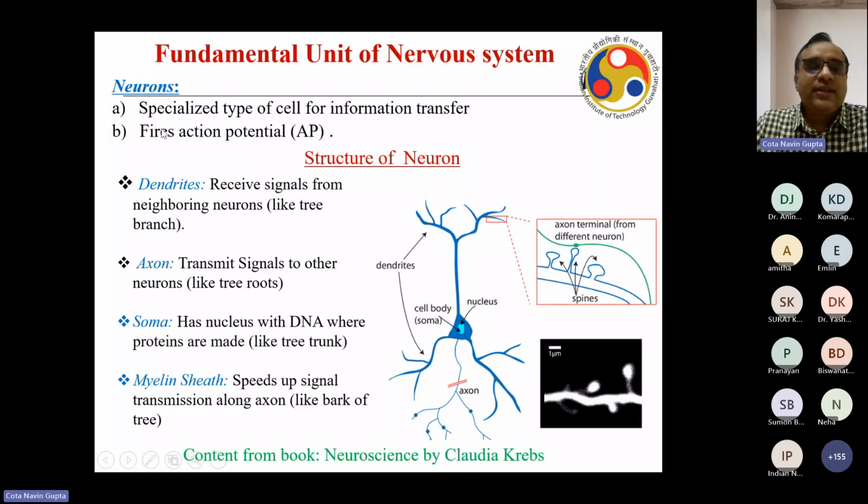Neurons are specialized cells for information transfer, and they are responsible for firing of action potentials. You have your dendrites, which receive signals from neighboring neurons. Axons transmit the signals. The soma has the nucleus, and is where the processing actually happens. And the myelin sheath enables you to speed up the signal along the axon.